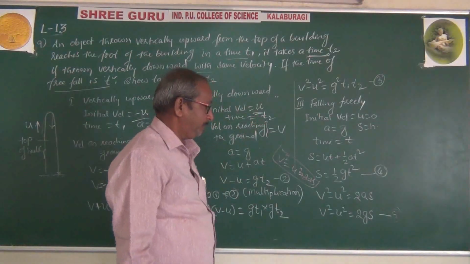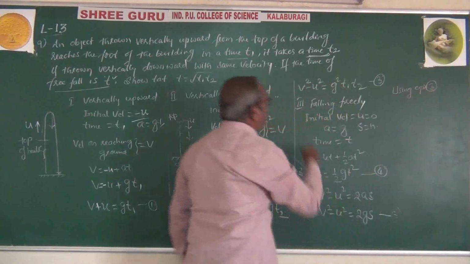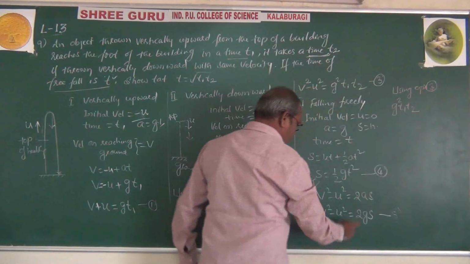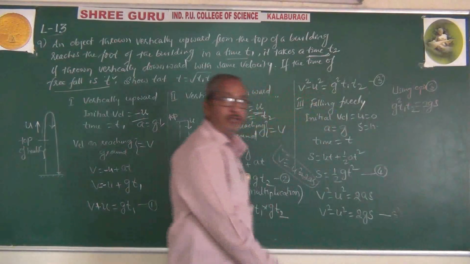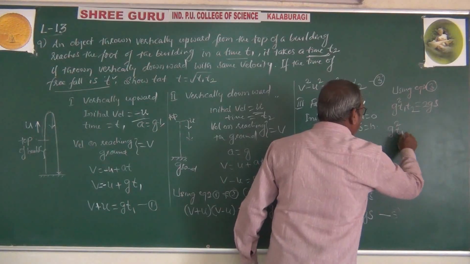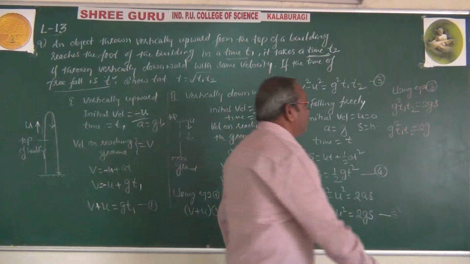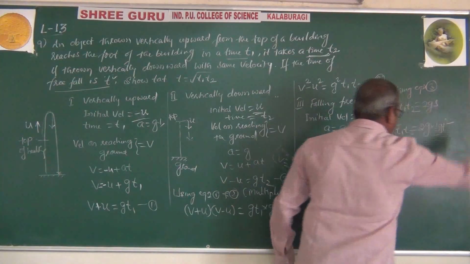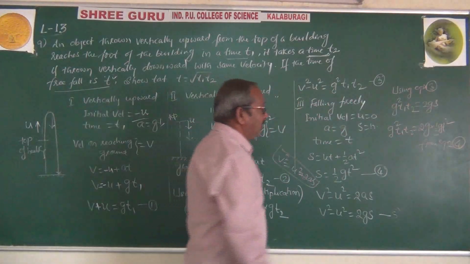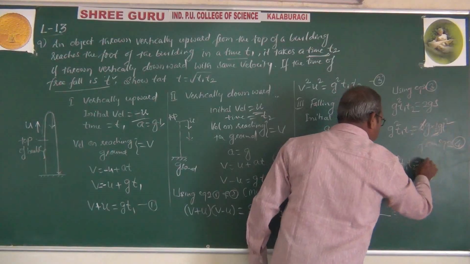Now from equation 3, using equation 3, here also v square minus u square equals g square t1 t2, which equals 2gs. So g square t1 t2 equals 2 into g into s. Yes, s equals 1 by 2 g t square, from equation 4. Now here the 2 cancels: g square t1 t2 equals g square t square.